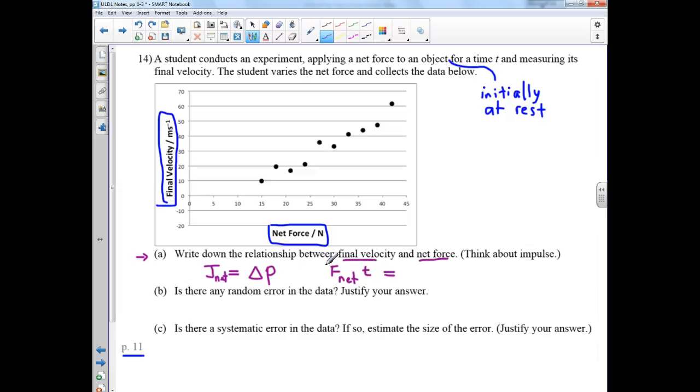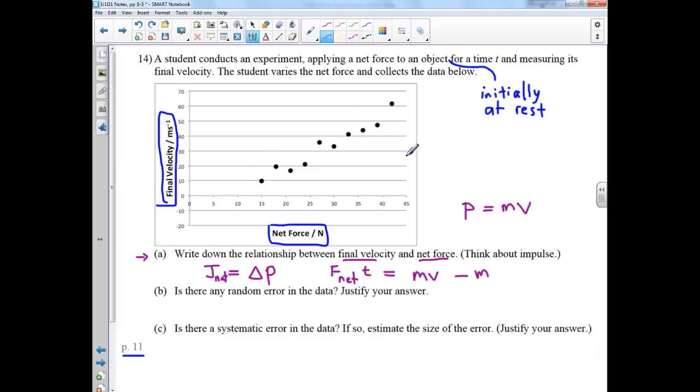And what's change in momentum? Well, momentum is mass times velocity, so change in momentum would be mass times final velocity minus mass times initial velocity. And something we're going to see a lot of, IB uses V for final velocity and U for initial velocity.